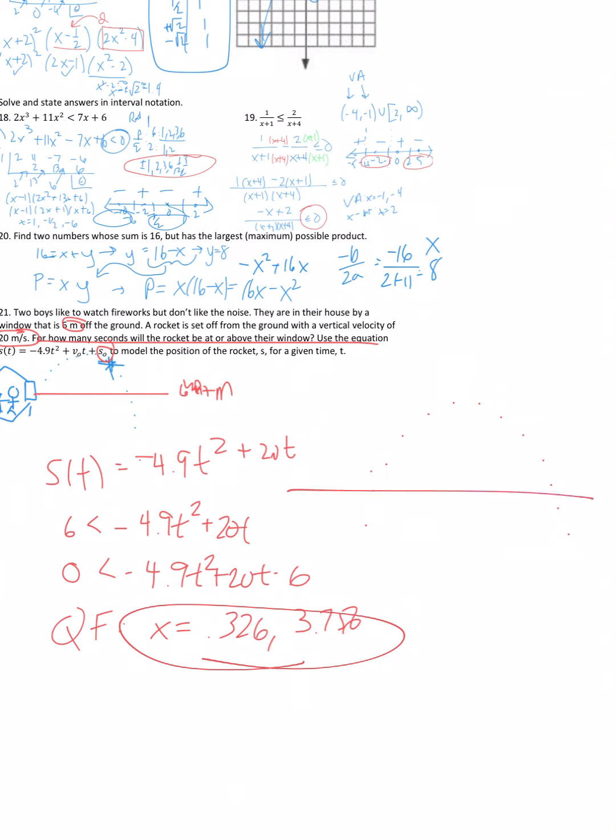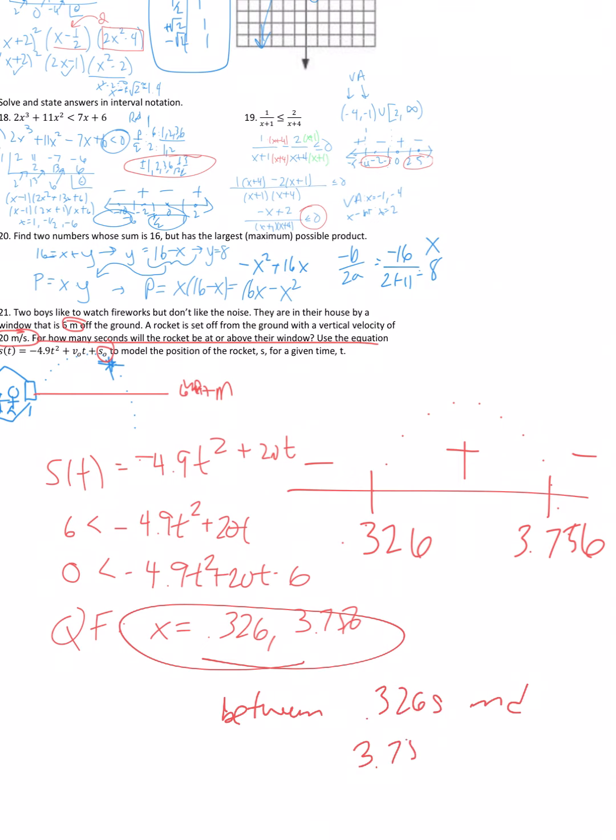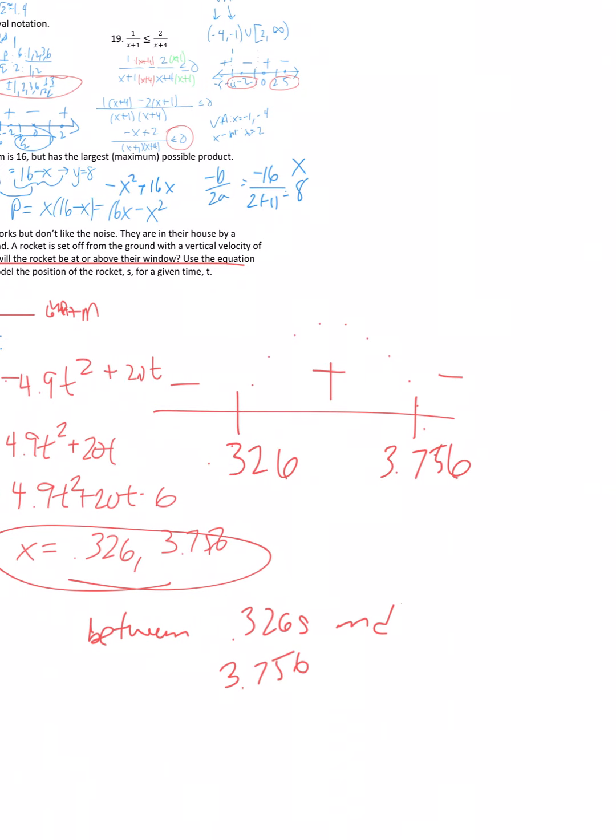But if we were to place these onto a number line, we would get negative, positive, negative when we test. So it would be between the seconds. So we would say between 0.326 seconds and 3.756 seconds, which is a total of 3.45 seconds.